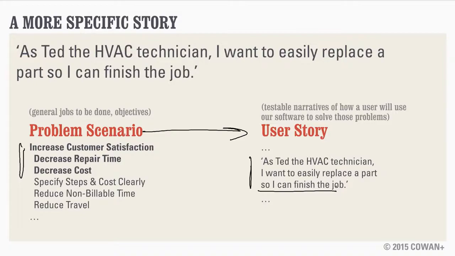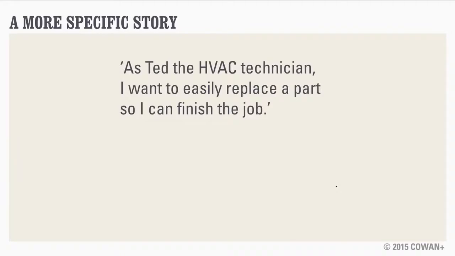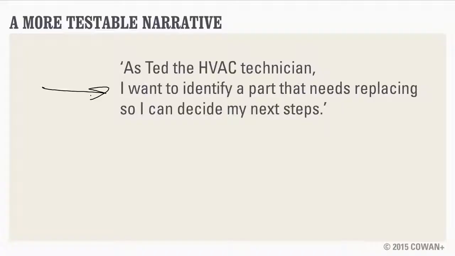Okay, it's somewhat better. Why don't you take a minute and look at this improved version of the story and think about if there's anything else you would do to make it better, more testable, more vivid, more specific. All right, here are a few ideas I had about how to make this story better. I made this last clause more specific, and if you'll notice, I removed the term easy. Now, is that because I want to make software that's hard for users to use? No, it's not.